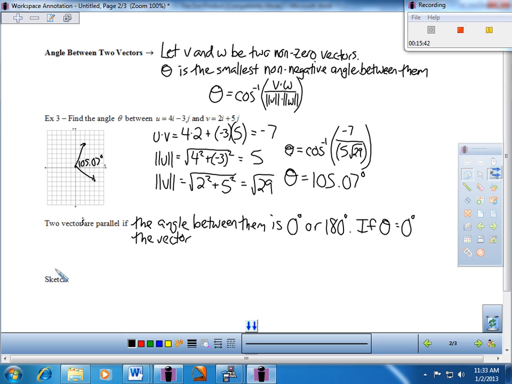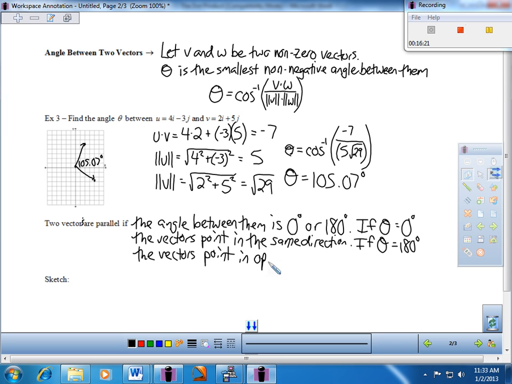It says if theta equals 0 degrees, the vectors point in the same direction. And if theta equals 180 degrees, as we will see momentarily, then the vectors point in opposite directions.